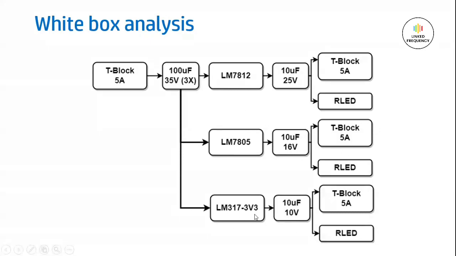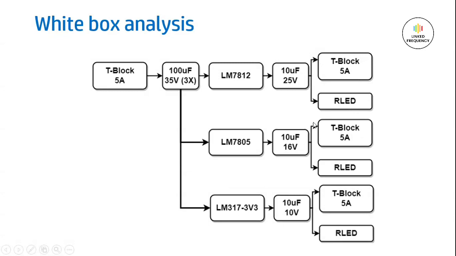And then we will be having a 6.6 volt capacitor requirement at the output of the 3.3 volt regulator, but we are going with a 10 volt because that is easily available and that is the only option after the 6.6 volt requirement. Thereafter, we will be having a red LED for each and every regulator output and also a T-block connector, which is a terminal block connector, for each and every regulator circuit.